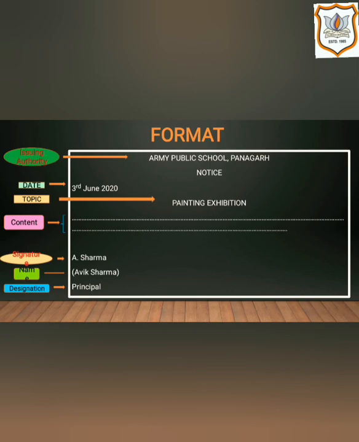Then you have to write the content. You have to remember one thing, that the content should be short, precise, and relevant to the topic. And the word limit is 50 words. And the tone should be objective, impartial, and formal.